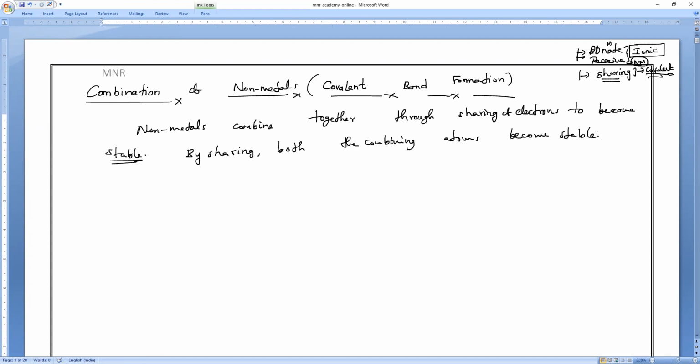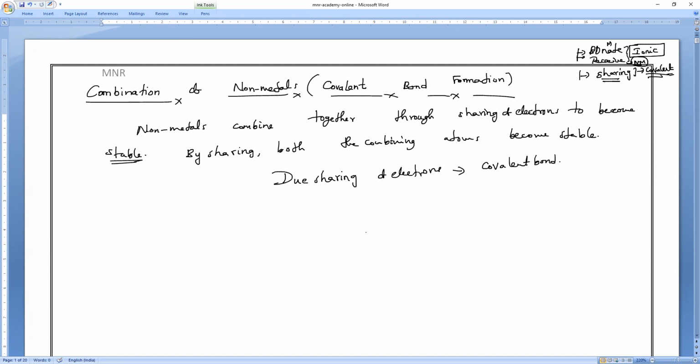That is what we call covalent bond formation. If you observe here, the chemical bond is formed due to the sharing of electrons. So due to the sharing of electrons, a covalent bond forms. The bond formed between the atoms in this way, we call a covalent bond.